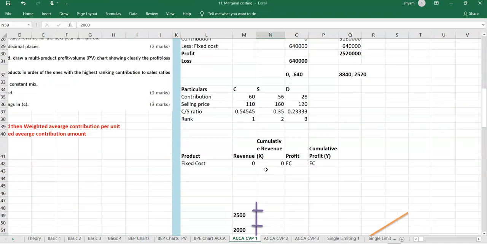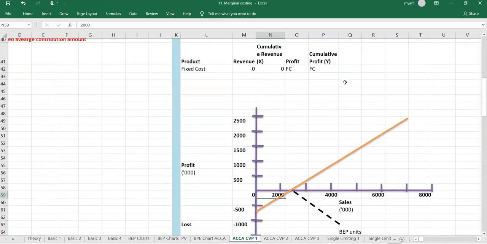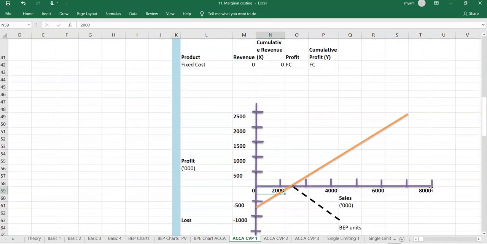So the total sales is 8,840, and we have to show that here. So we'll have 2,500, 5,000, 7,500, and 10,000, or else we can't draw the graph properly.